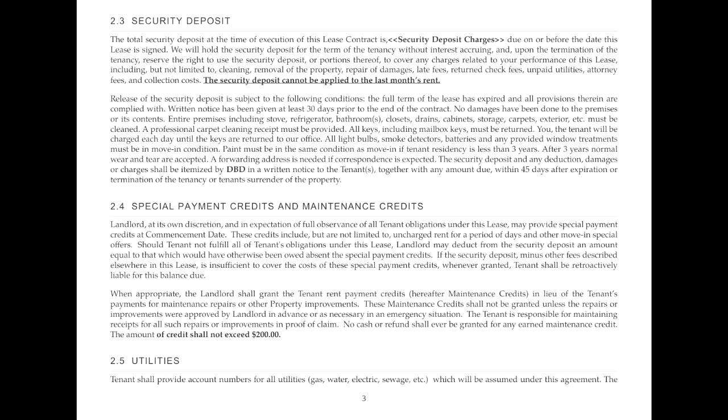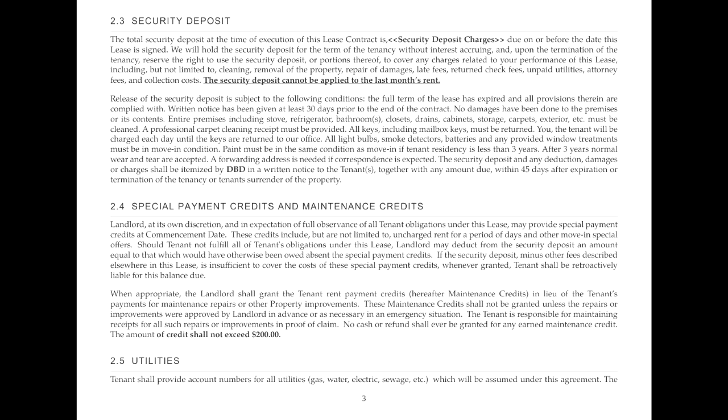These maintenance credits shall not be granted unless repairs or improvements were approved by the landlord in advance or as necessary in an emergency situation. The tenant is responsible for maintaining receipts for all such repairs and improvements in proof of claim. No cash or refund shall be granted for any earned maintenance credit. The amount of credit shall not exceed $200.